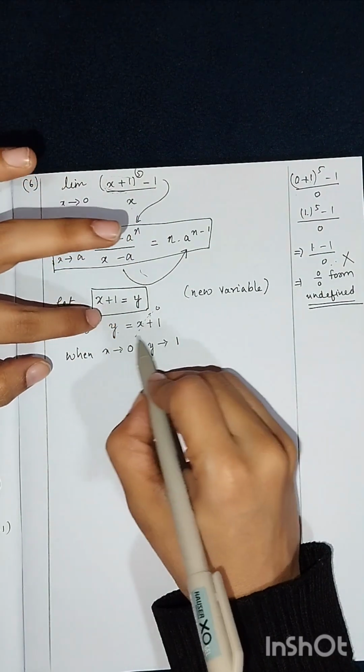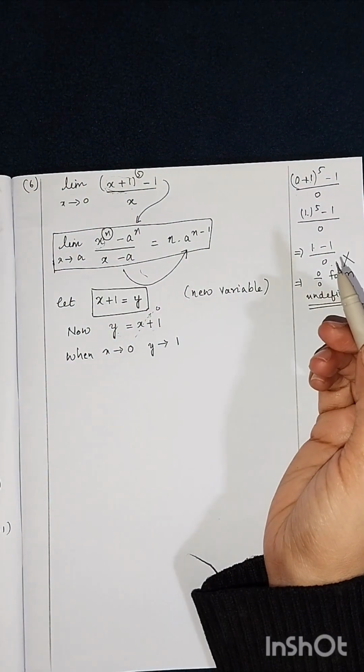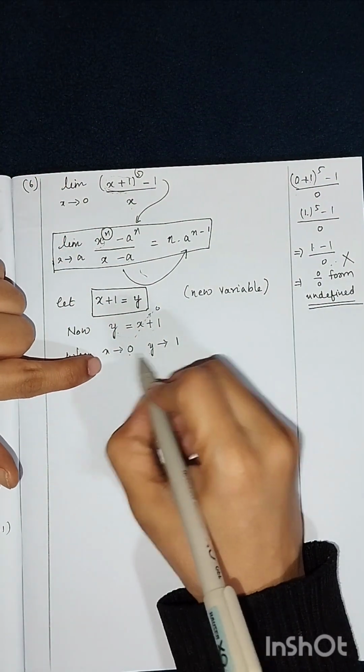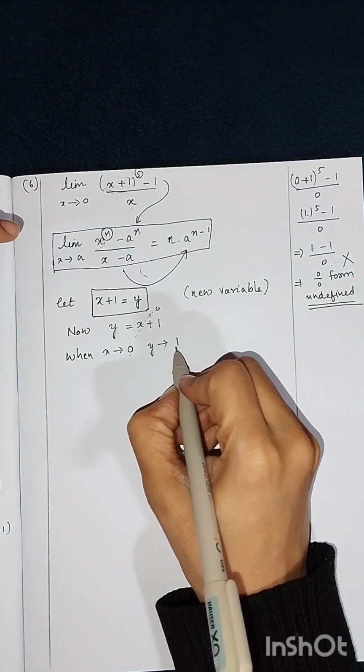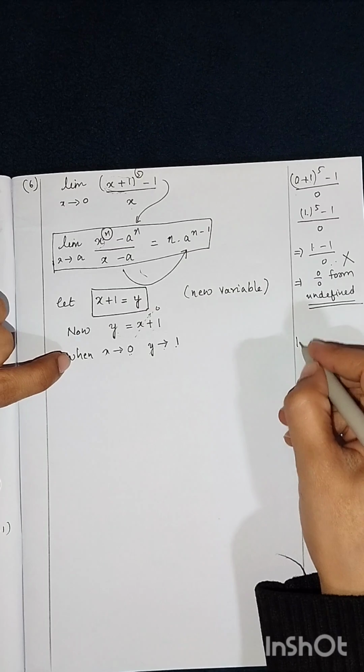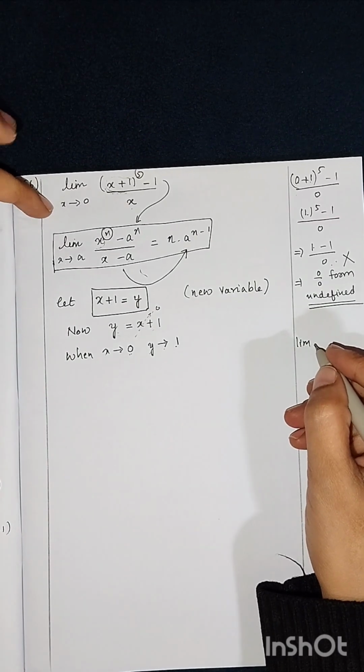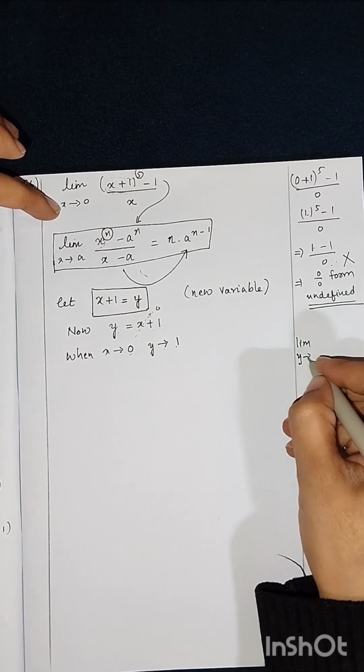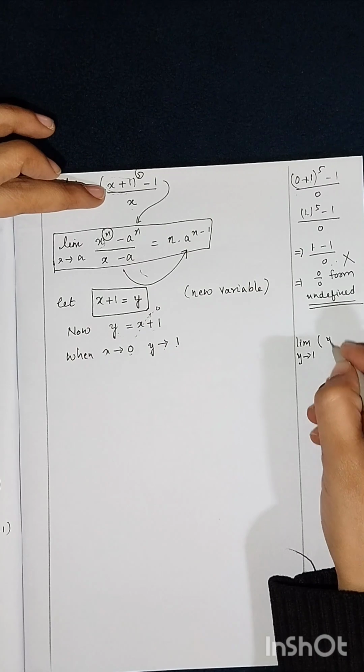It is a polynomial, so directly you can put 0. When x tends to 0, y tends to 1. So we changed x tends to 0 as y tends to 1, and here we changed it to y to the power of 5.